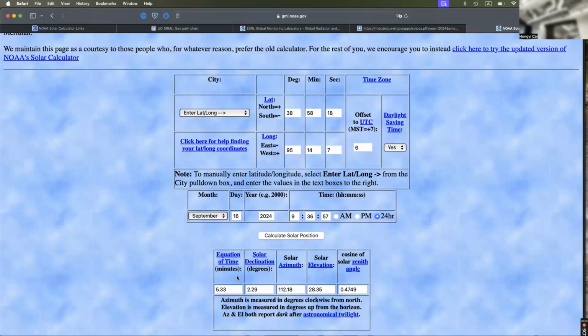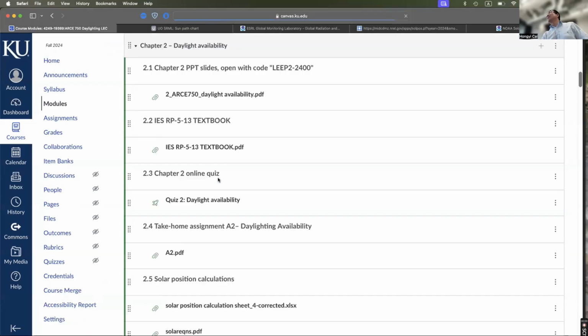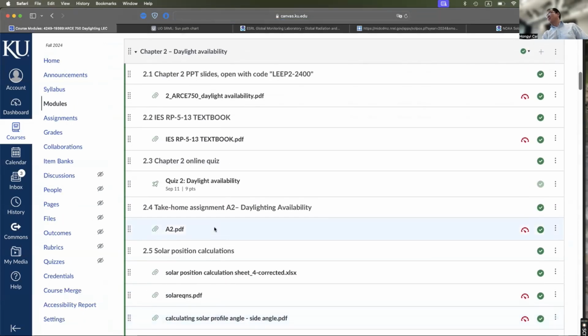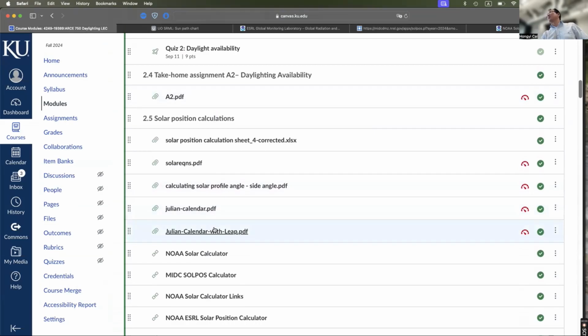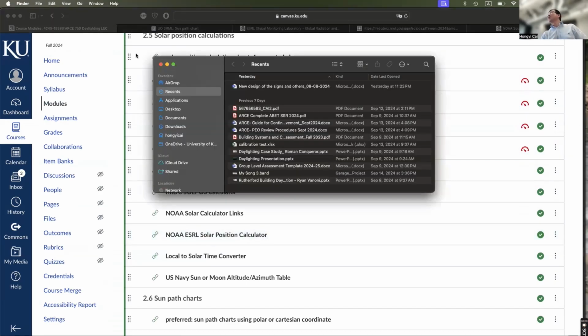For that, Lawrence. Okay. I actually prefer to use this. So you can always go to chapter 2 and then go to that link, pick the old sun position calculator, which actually to me is better than anything else. And then we have more, but I'm not going to show you that. Let me actually show you the Excel calculator because this one is very interesting.